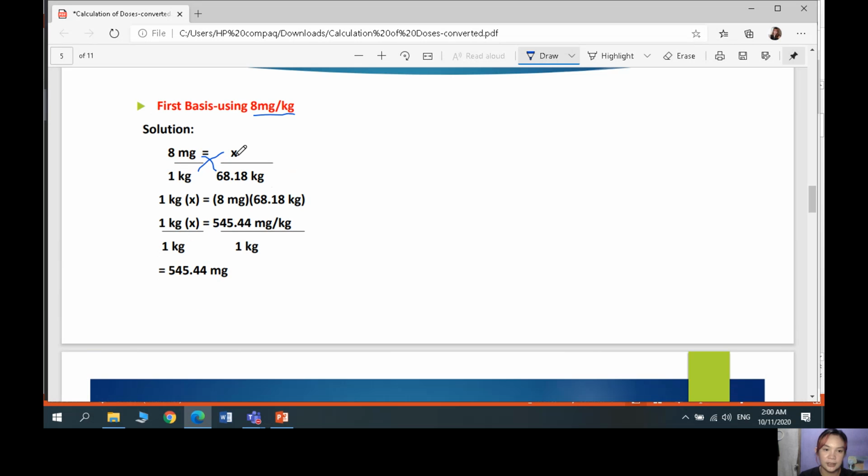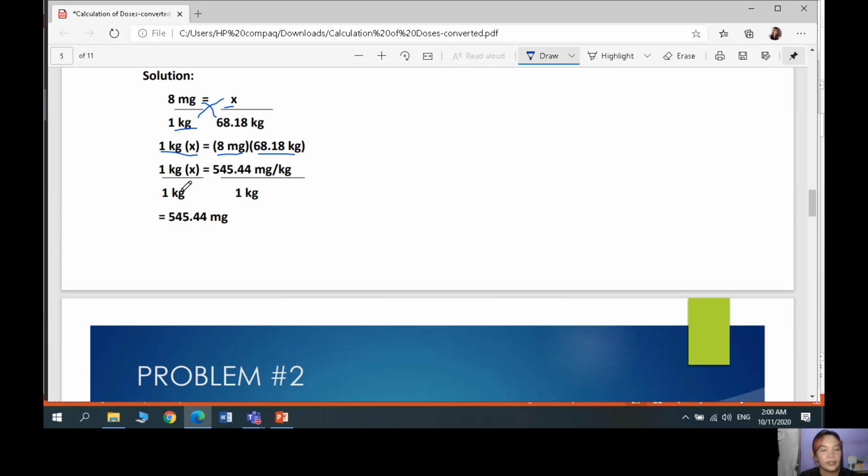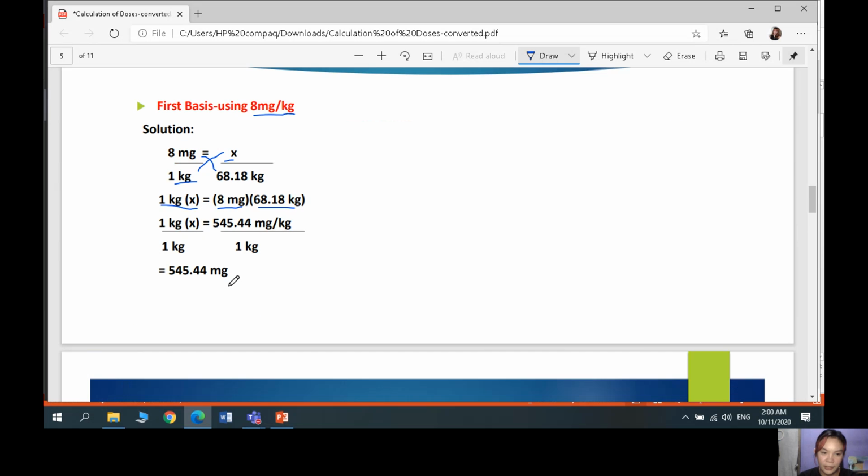Then just substitute: 1 kilogram times x is equal to 8 milligrams times 68.18 kilograms. After that, we divide both sides by 1 kilogram in order to cancel out the kilogram, since we are going to find the answer in milligrams.